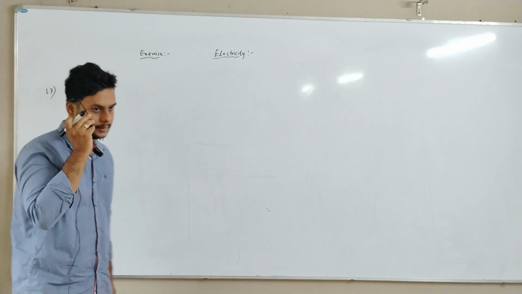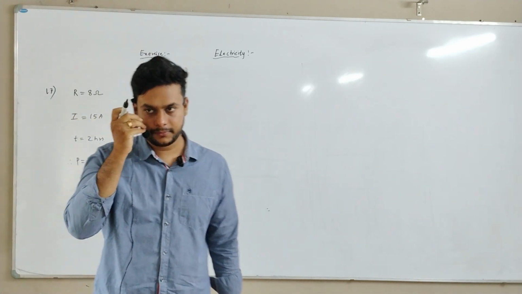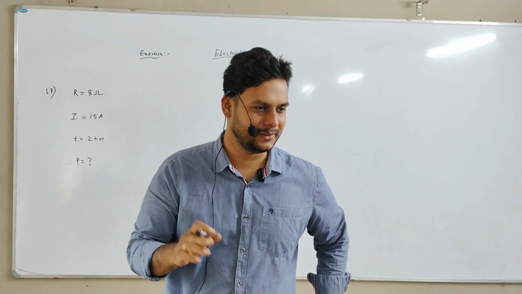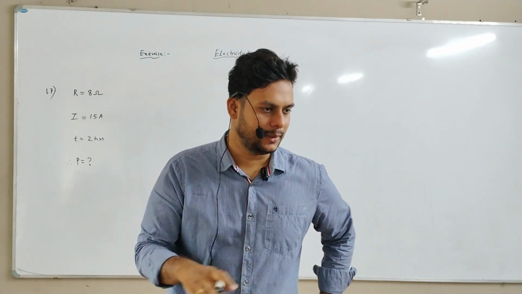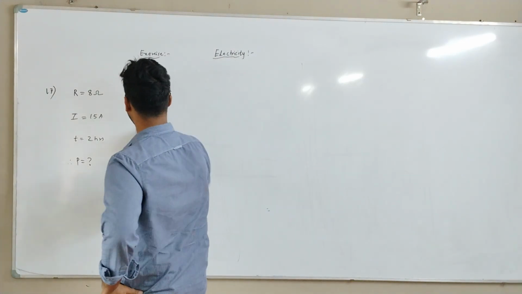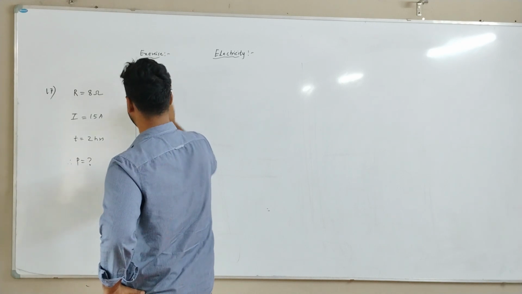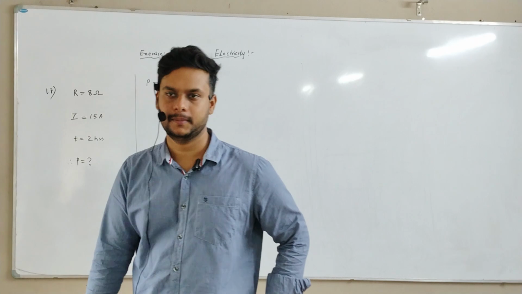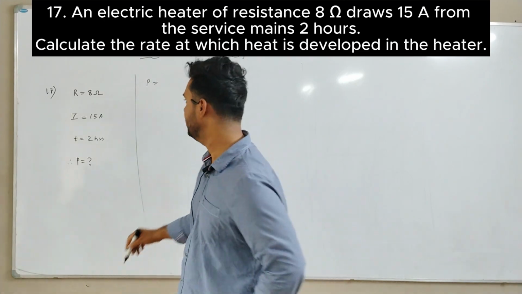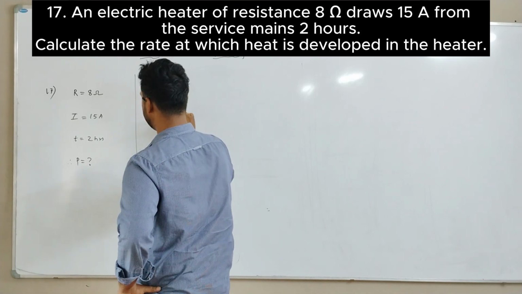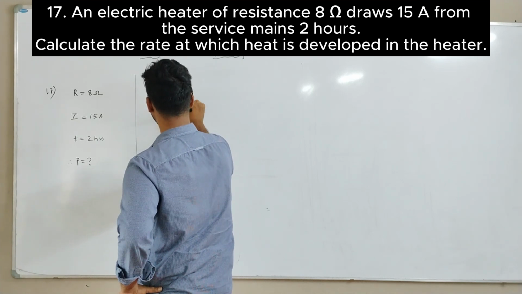So they are asking for the heat, but first we will find power. In all these answers they have calculated power. Okay, they are telling us heat. How they have calculated that is written afterwards. First we will calculate power. Power is equal to, which formula should I use? I square R. Okay, I square R. I is how much? 15 square.